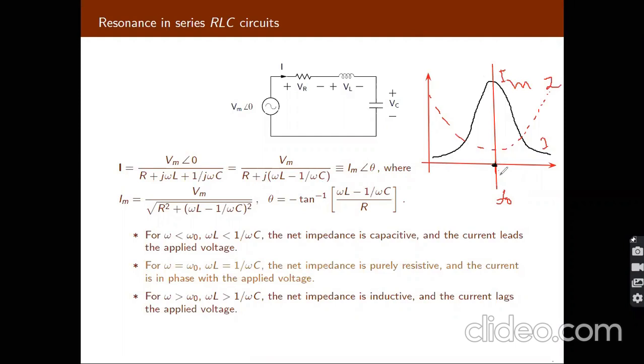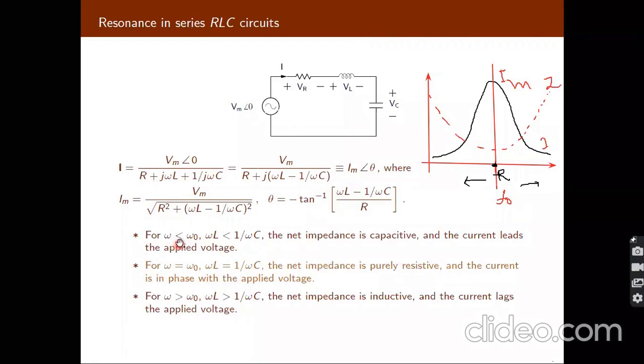That means here it is R. At resonance, the circuit is acting as a resistive circuit. Now, before resonance and after resonance, what is the status of the circuit? Either it is an inductive circuit or a resistive circuit. That we have to know, because in the circuit we have the inductive element as well as the capacitive element. Let us see that.